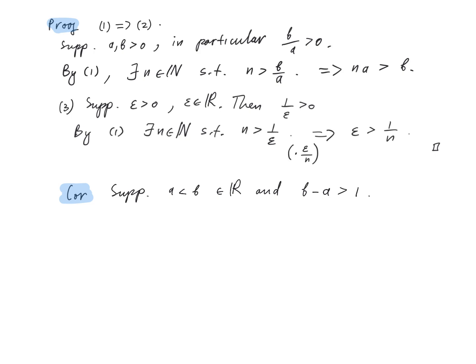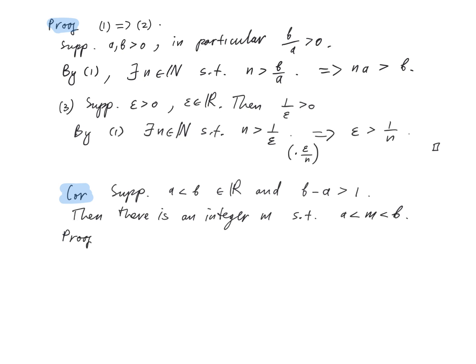So the gap between b and a is greater than 1. Then there is an integer m such that a is less than m is less than b. So m is strictly between a and b.